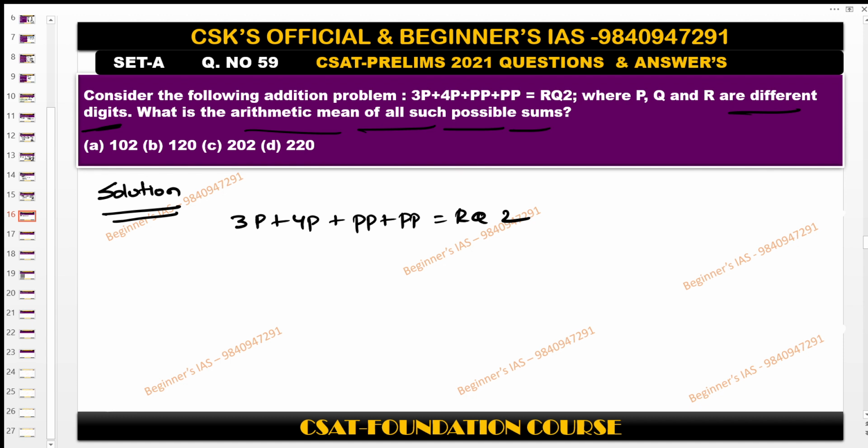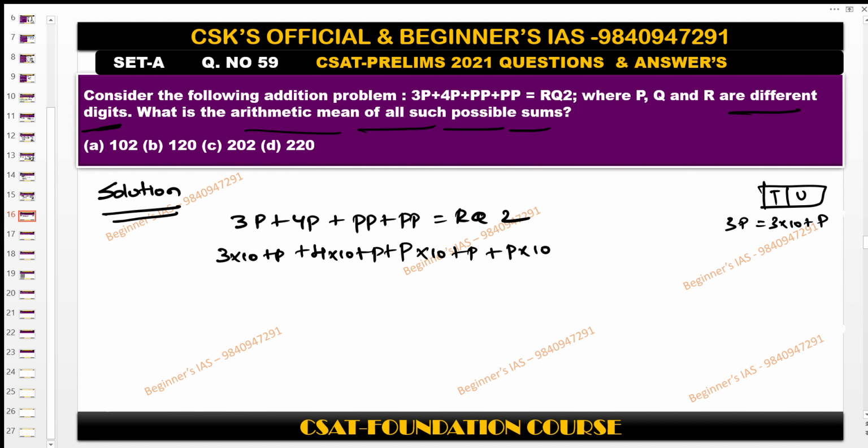First of all, this is the unit place and this is the tens place. 3p can be expressed as 3 into 10 plus p. So 3 into 10 plus p, 4 into 10 plus p, p into 10 plus p, and p into 10 plus p is equal to rpq.